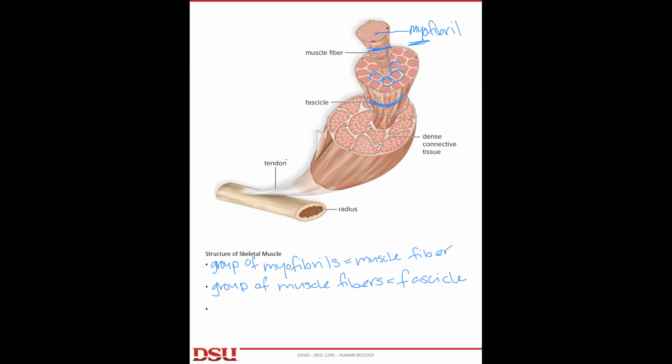And then when you have a group of these fascicles, you end up with something called the muscle belly, which is this big part they don't really have labeled.